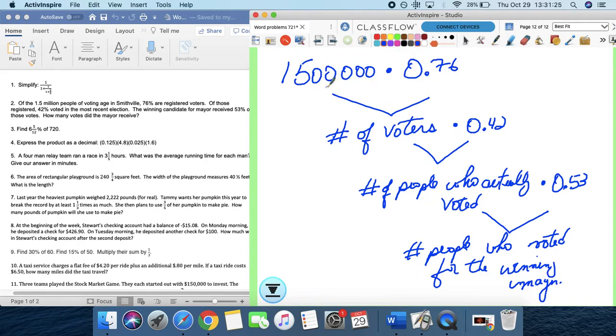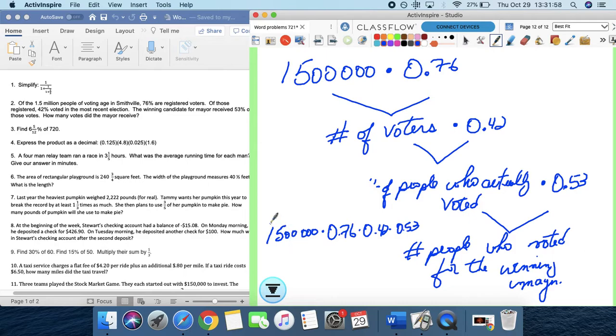So we can do that, find two numbers, do this process, multiply these two, then multiply the product of that times 0.53, or we could have just written, if you had a calculator, this is definitely a calculator question, 1,500,000 times 0.76 times 0.42 times 0.53, right?